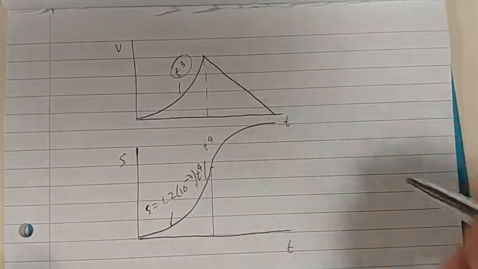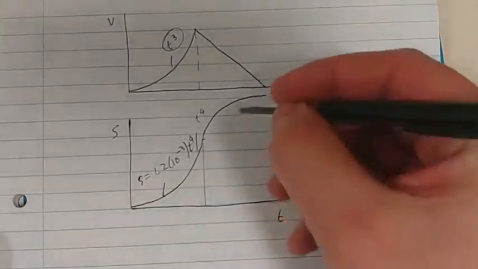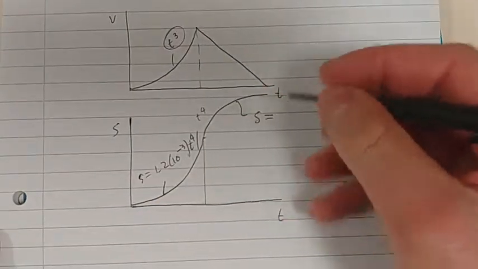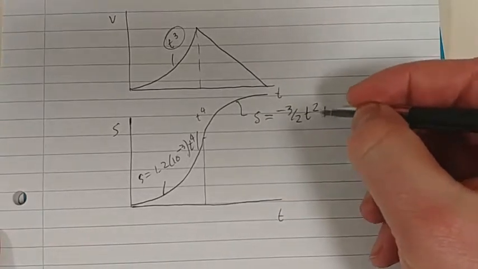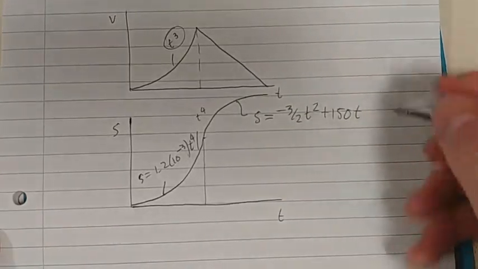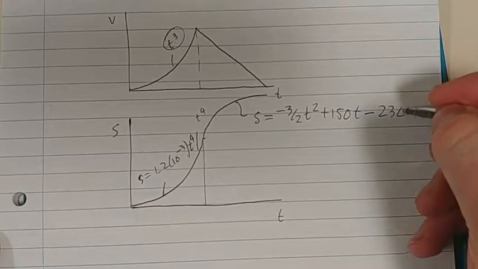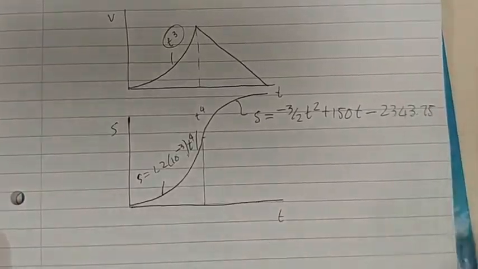Okay, I know it's not super accurate, but that is it, and this is minus 3 over 2 t squared plus 150t minus 2343.75.